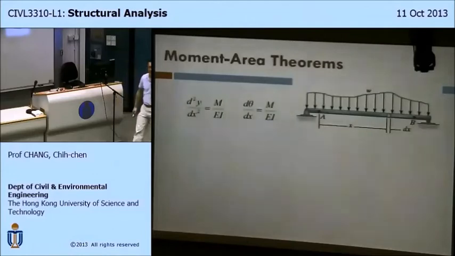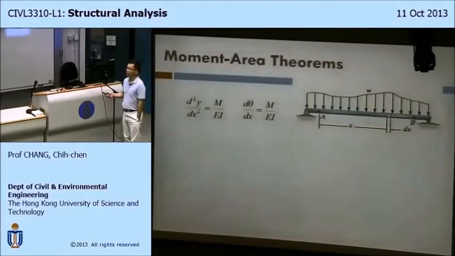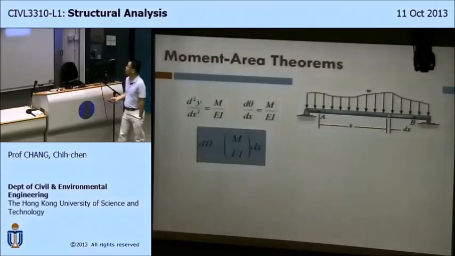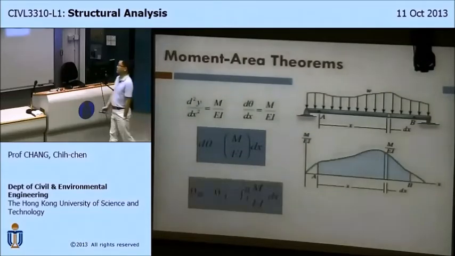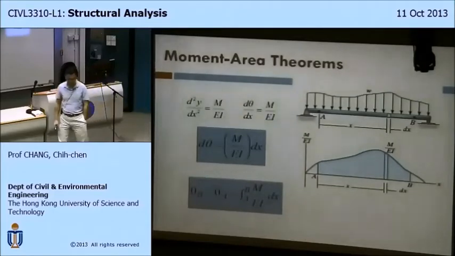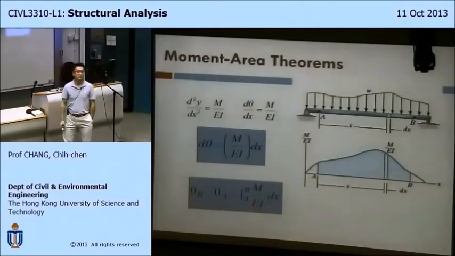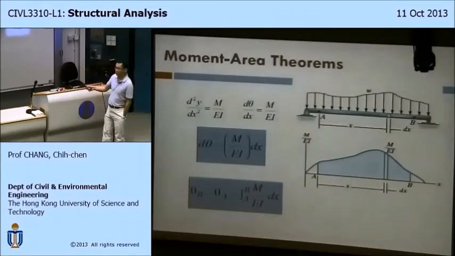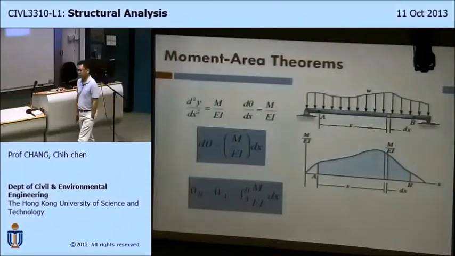The moment area method is basically extended from the moment curvature relationship and directly jumps to the integration of the moment area. It's that formula there, and you integrate on both sides. Then you get some sort of angle difference between the 2 points, which is equal to the area.